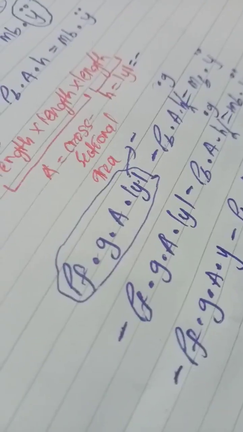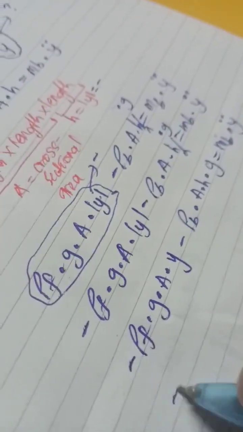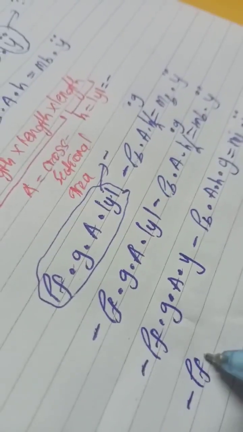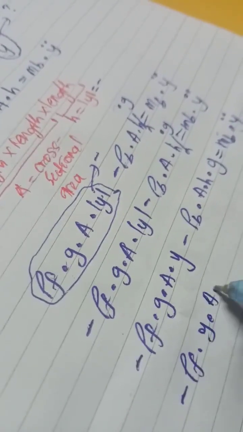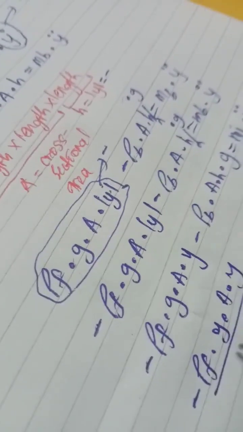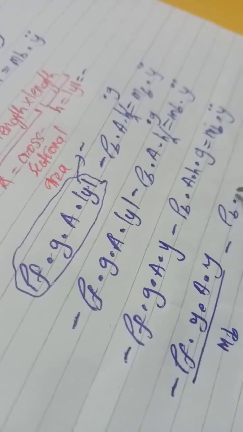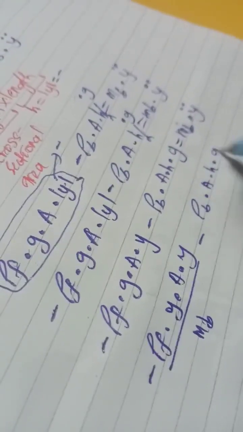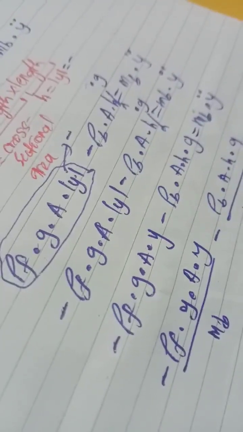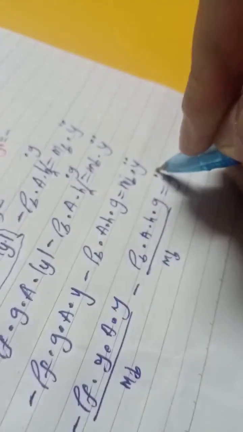So negative rho_F times g times A times y over m_b, minus rho_B times A times H times g over m_b, equals y double dot.